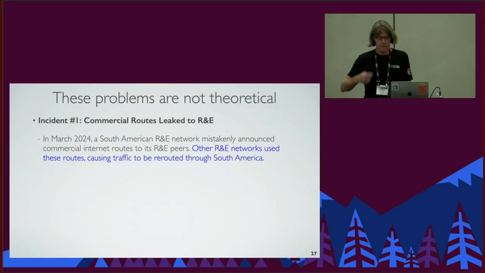A South American R&E network mistakenly announced commercial internet routes into R&E. And so other R&E networks, because it was now their best path, because they assigned a higher local preference to things they learn in R&E, routed commodity traffic that would otherwise go through commodity through the R&E network into South America, and then it would pop out somewhere else.